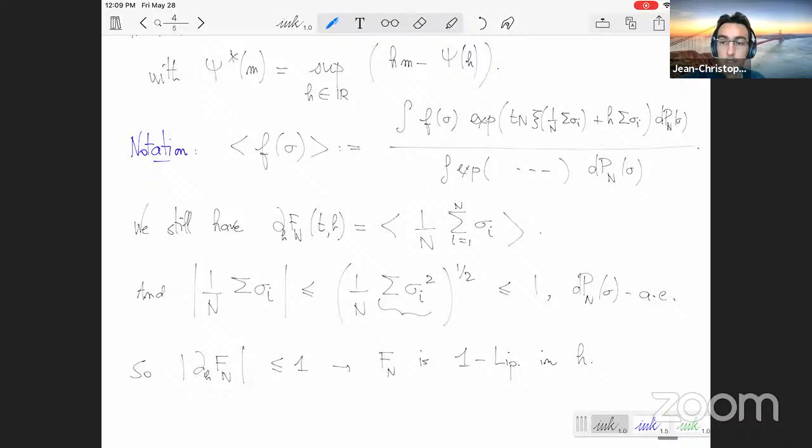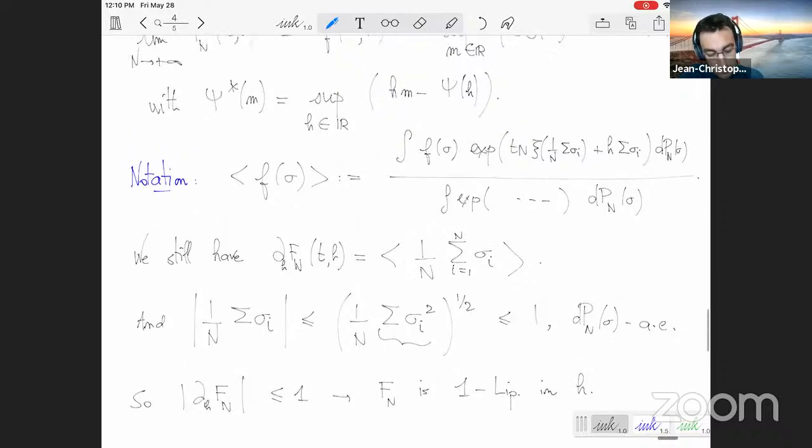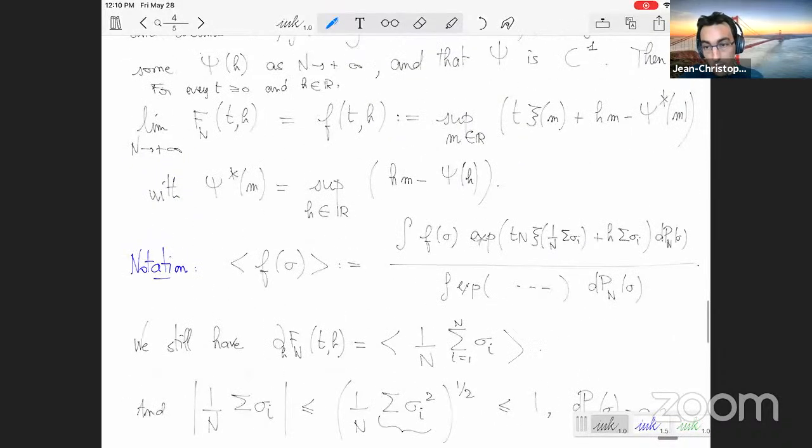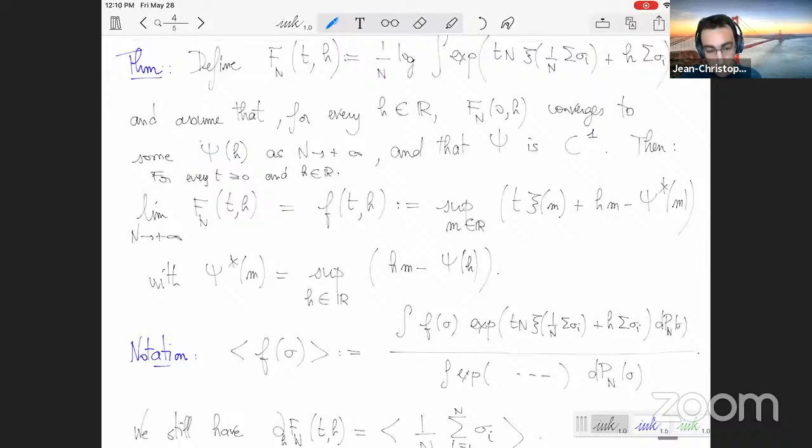Okay, 1-Lipschitz means it's Lipschitz and the Lipschitz constant is 1 in the h variable. And if F_n is 1-Lipschitz, then its limit, if it exists, will also be 1-Lipschitz. So in particular, the function psi is obtained as the limit of F_n(0, h), and psi will be 1-Lipschitz as well.